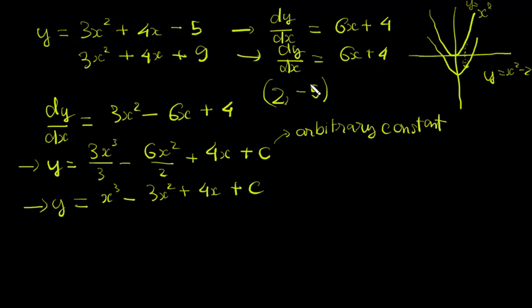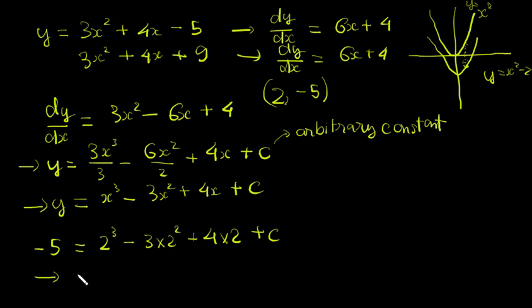Now I substitute these two in here. We know that y equals minus 5 when x equals 2, so 2 to the power 3 minus 3 multiplied by 2 to the power 2 plus 4 multiplied by 2 plus c.